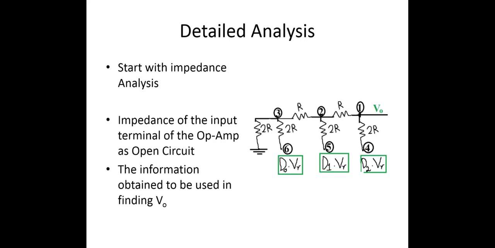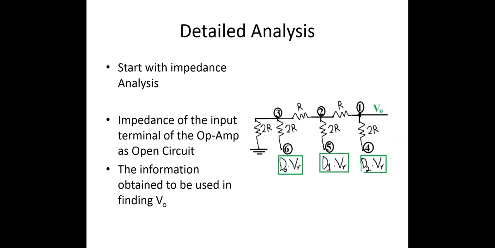After removal of the op amp, this circuit looks as shown here. Once we have done this impedance analysis and obtained some information about the characteristics of the impedance seen from various nodes of this circuit, we can use this information to obtain the expression for V0.